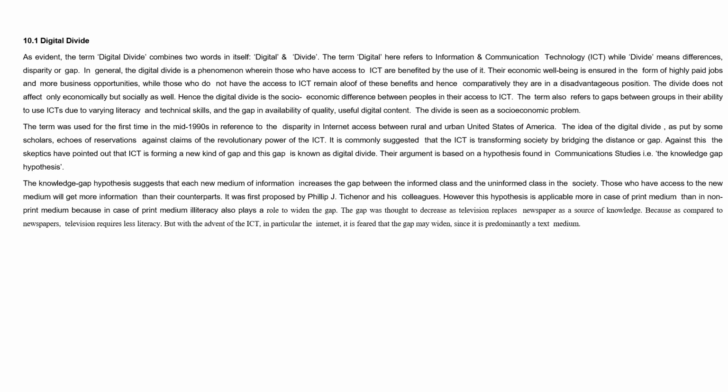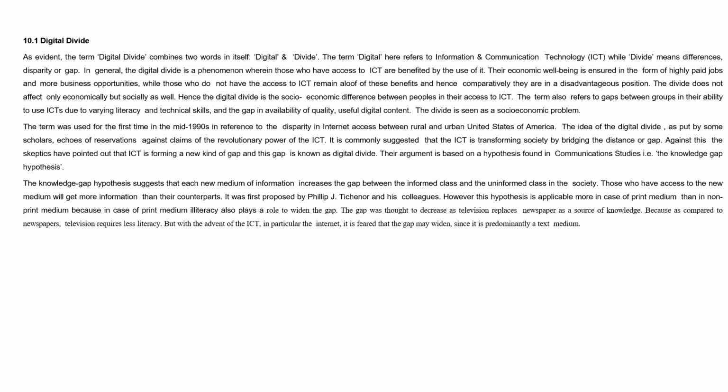Their argument is based on a hypothesis found in communication studies, that is, the knowledge gap hypothesis. The knowledge gap hypothesis suggests that each new medium of information increases the gap between the informed class and uninformed class in society. Those who have access to the new medium will get more information than their counterparts.